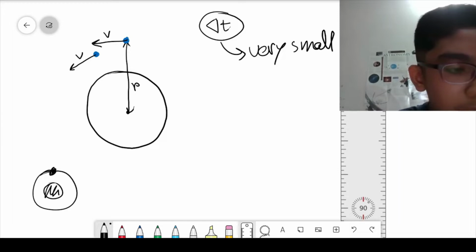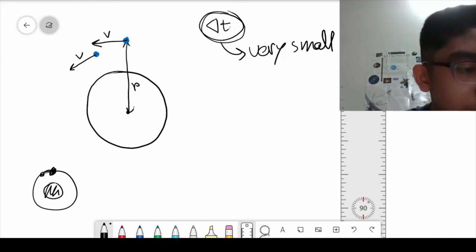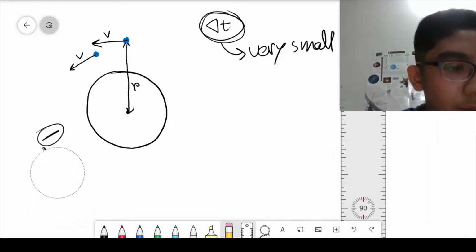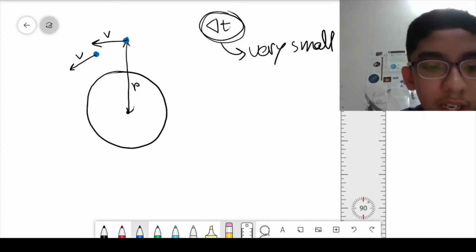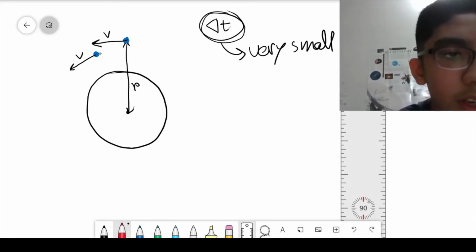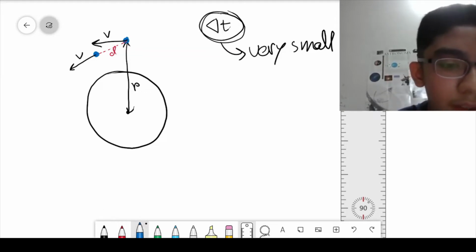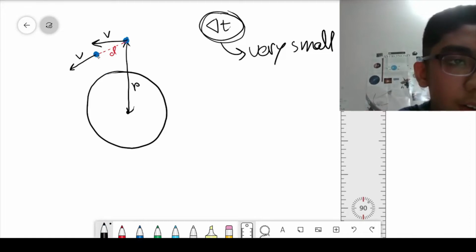But even though it's circular, as this delta t is very small, after a very short amount of time this will actually be a straight line. So we can consider it as a straight line, and we'll call it d, and also this distance is r.